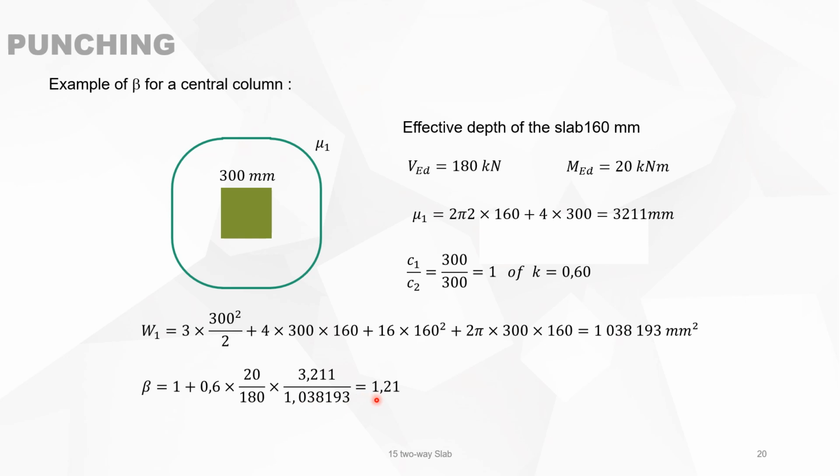And we arrive at 1.21. So if you compare that with the standard value of 1.15, you will see that the 1.15 is increased due to the eccentricity of the reaction force, because you have a bending moment and a vertical load, a vertical reaction.